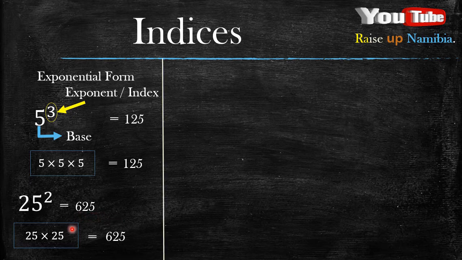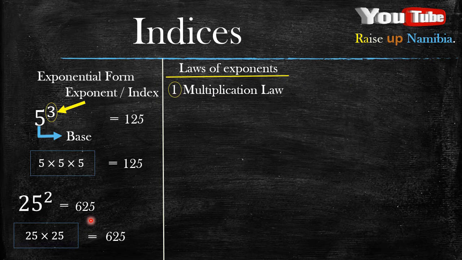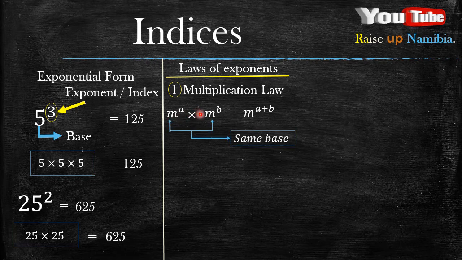Now with that out of the way, let's look at the first law of exponents here. We have the multiplication law. The multiplication law states that if you have two bases that are the same that are multiplied, what do you do to them?